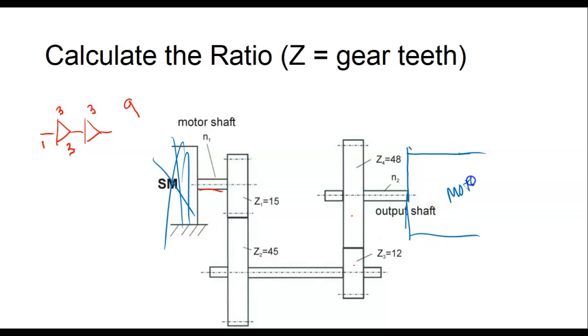So here's my motor. Now we're going from what? We're going from big to small, right? So this right here would give us, what would be this guy right here?